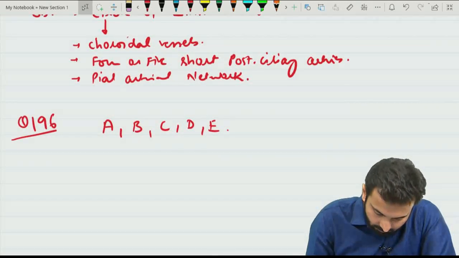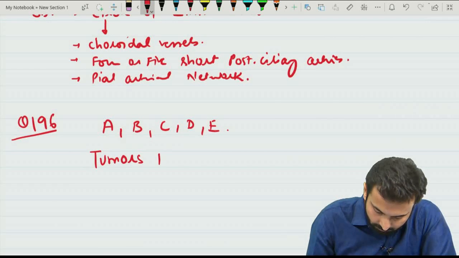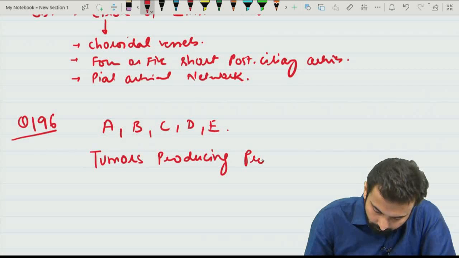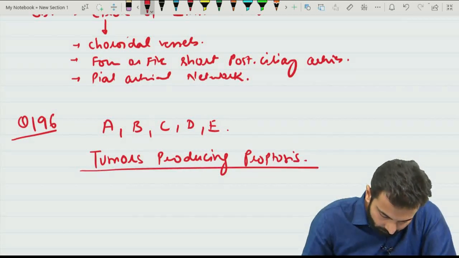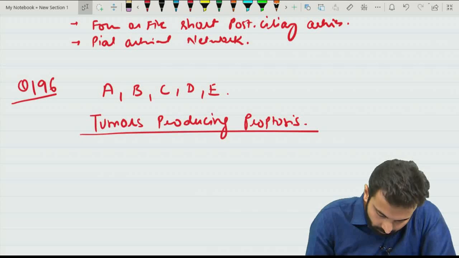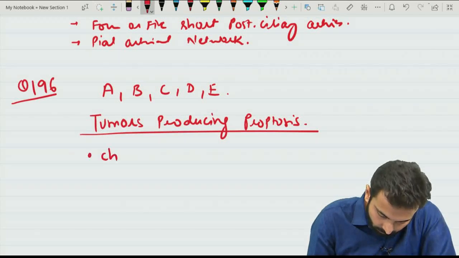So let's discuss the tumors which produce proptosis. First of all, what is chloroma?